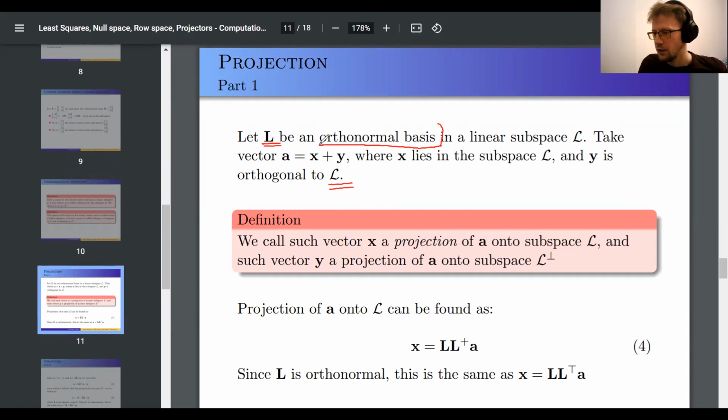Okay. So notation is extremely important in linear algebra. Sometimes we abuse it, but in this case, what I mean is we multiply the orthonormal basis. Okay, so the projection of A onto subspace L can be found this way.